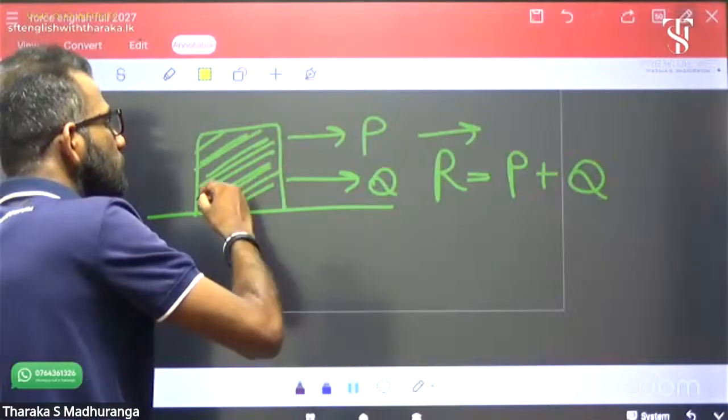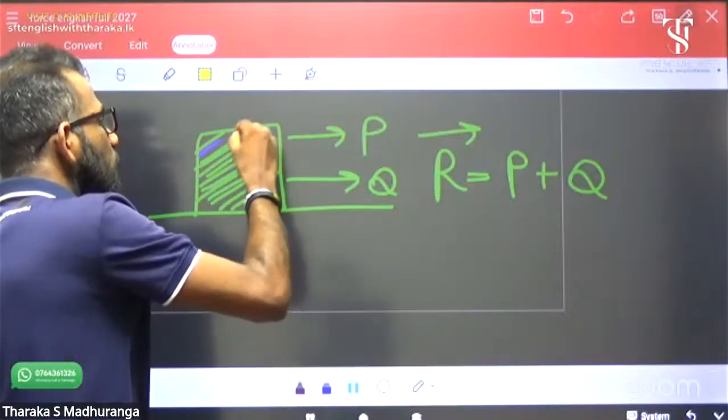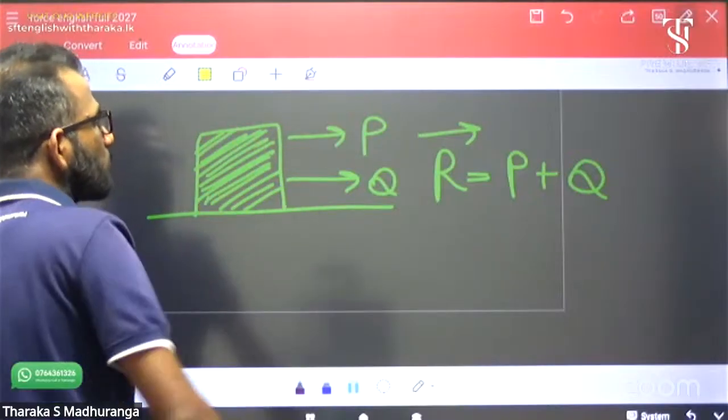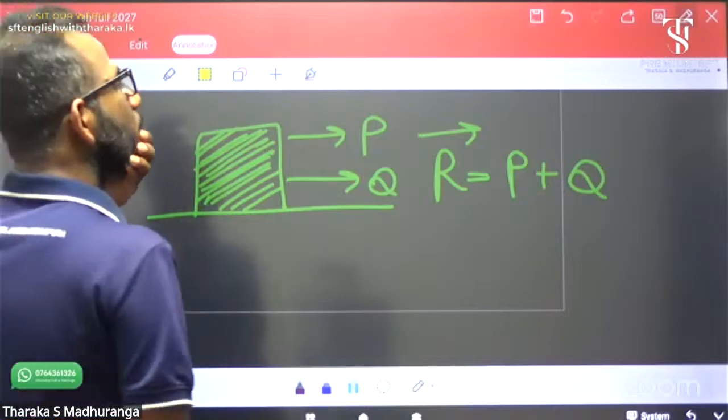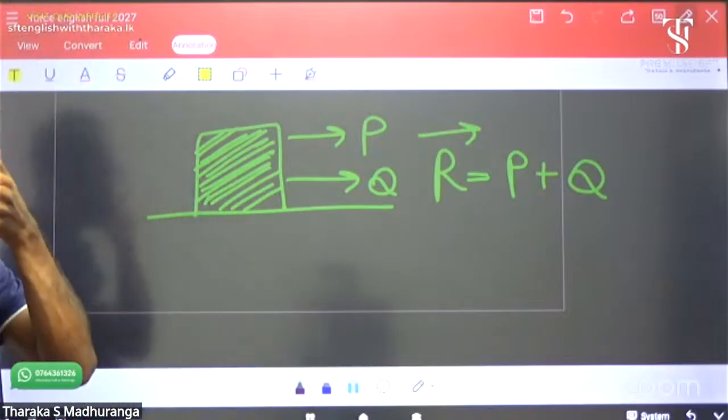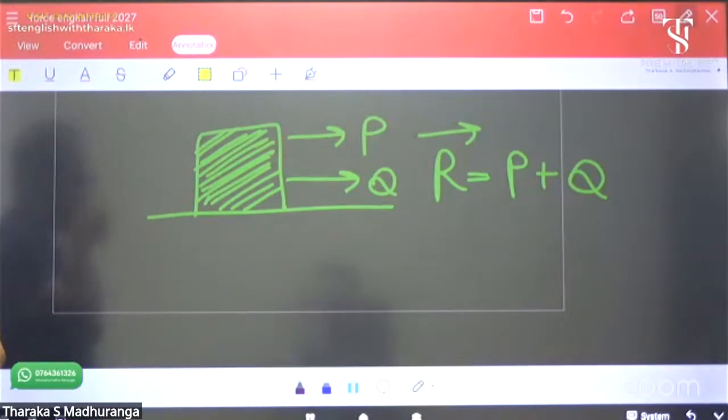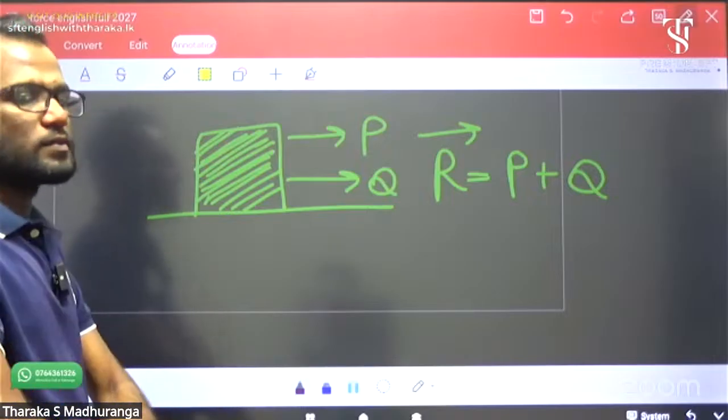Then we can get the resultant force by adding these two forces: P plus Q.